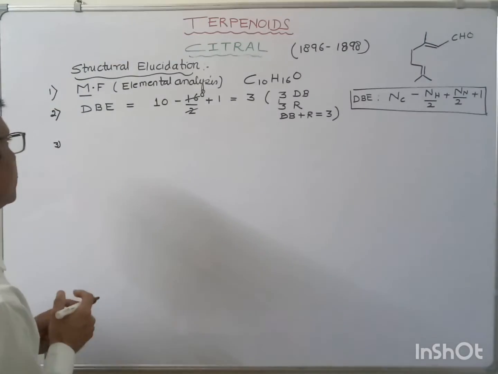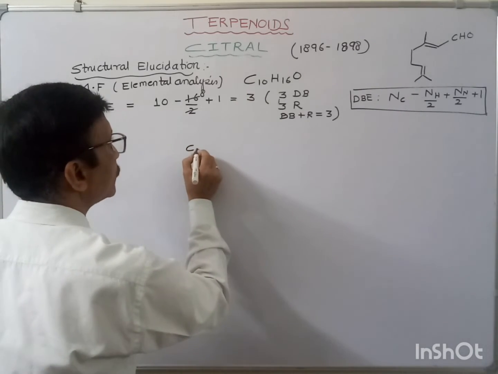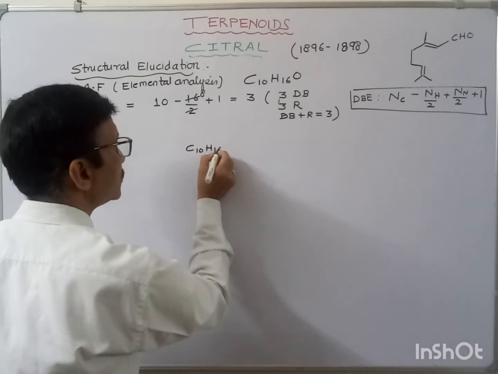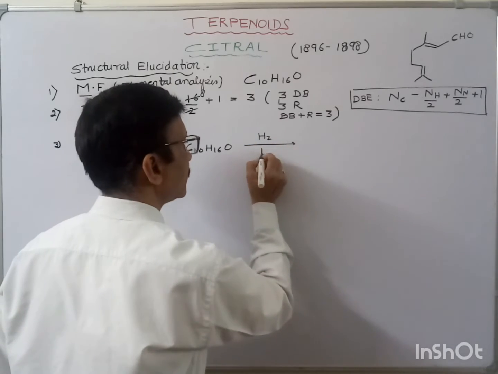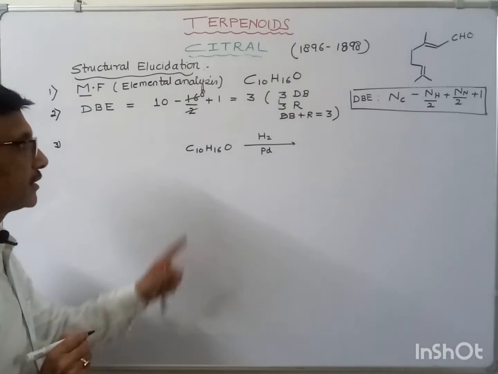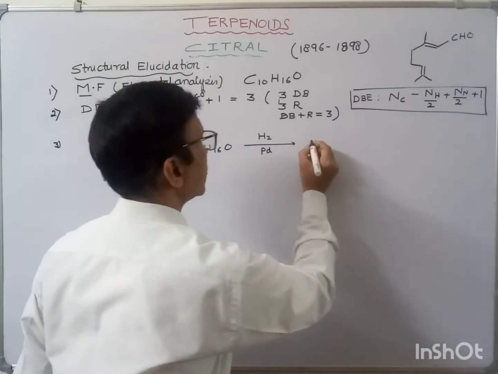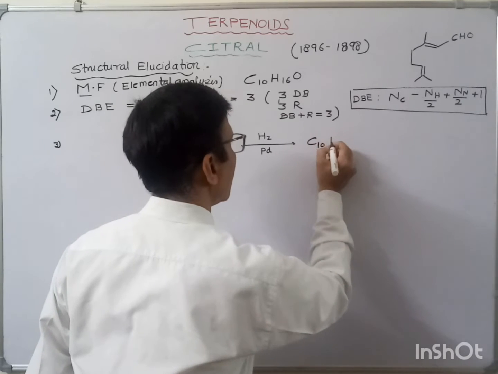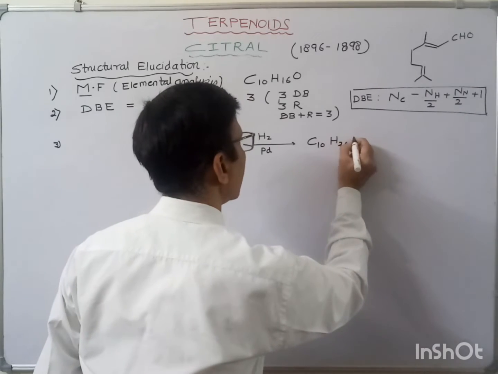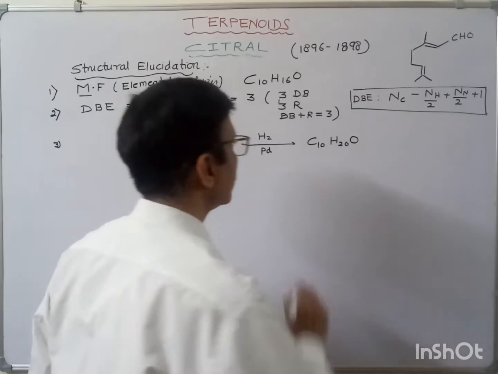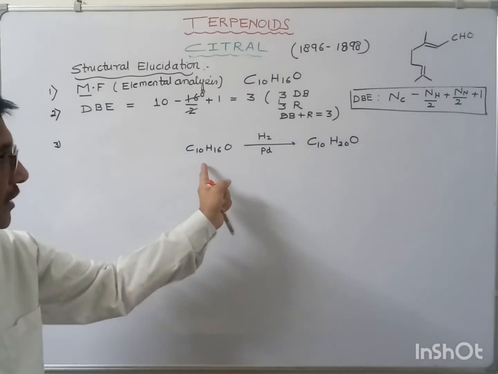So the hydrogenation experiment was done. If we do the hydrogenation of C10H16O in presence of H2/Pd, then it was found that the molecular formula determined after this hydrogenation was C10H20O, meaning 4 hydrogens are attached in this structure.